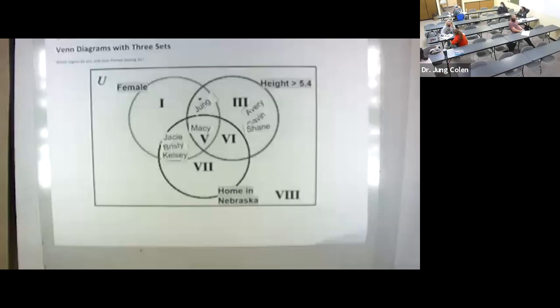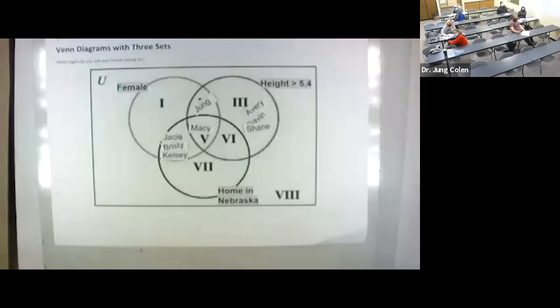Next one. We need to list A union in the parentheses B and C, intersection of B and C. So we're going to go with this one first, then we're going to include A to that, right? What's B and C? B is height, C is home. B and C should be reasons 5 and 6. Then you're going to include A to that.